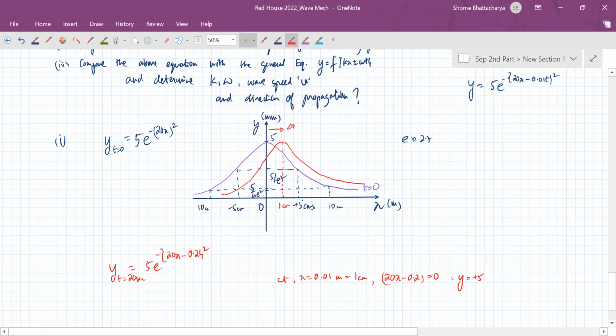So you can see that it is shifted by delta x, which is equal to v into delta t. Now this is at 20 seconds. So v is equal to, according to the graphs by comparison, you can see that it shifts 1 centimeter in 20 seconds.